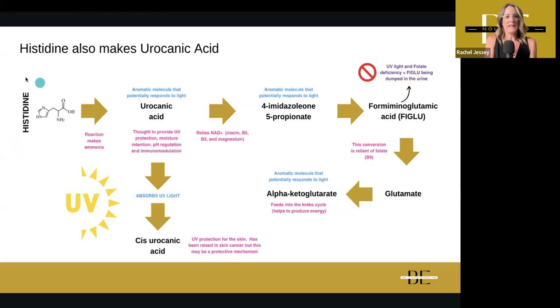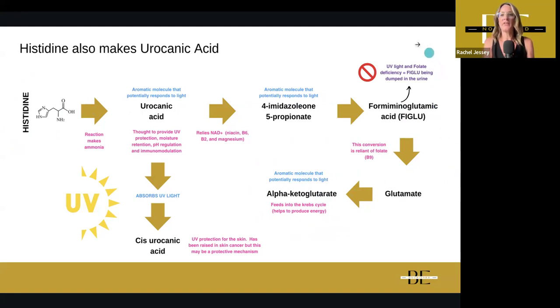Now, ultimately, histidine also wants to get down to the end of this pathway to alpha-ketoglutarate. And this component feeds into our energy production pathways. So again, if we've got any blocks in this pathway, it can relate to a decline in energy.